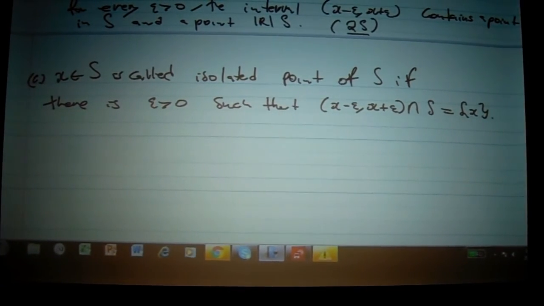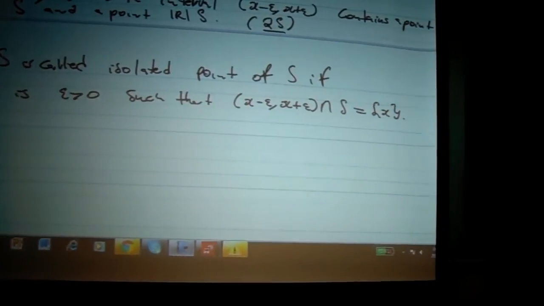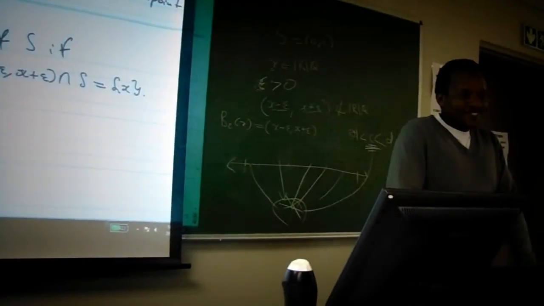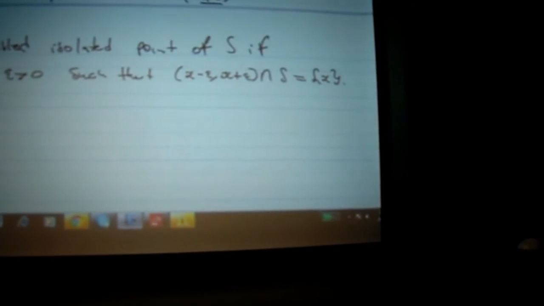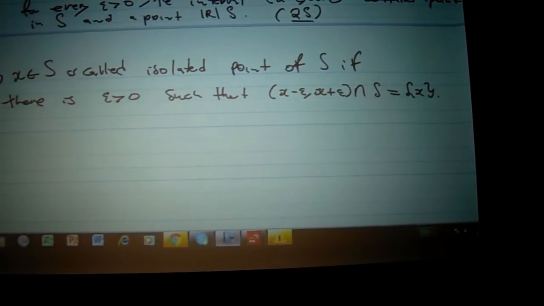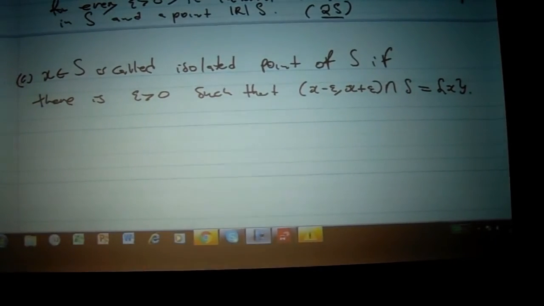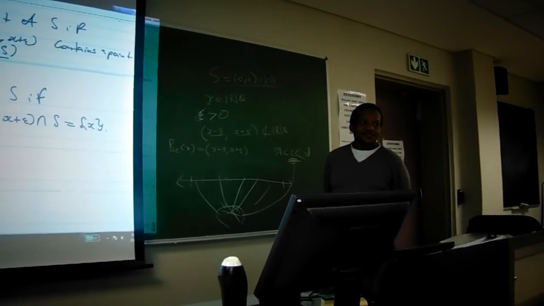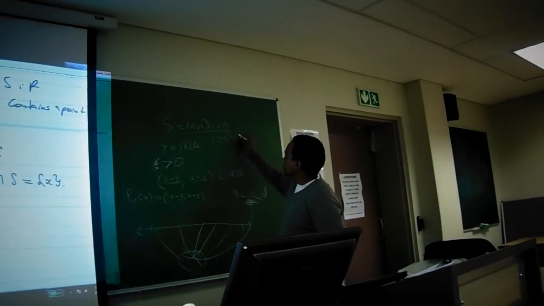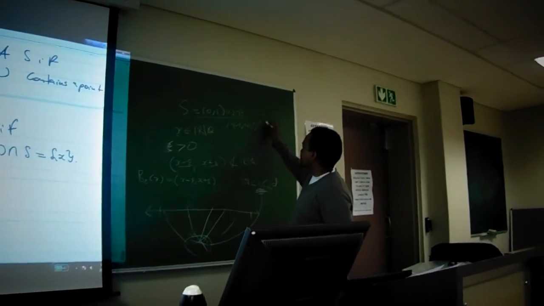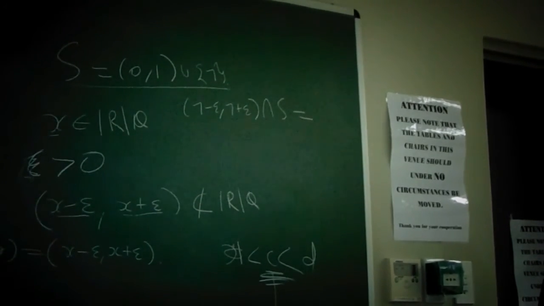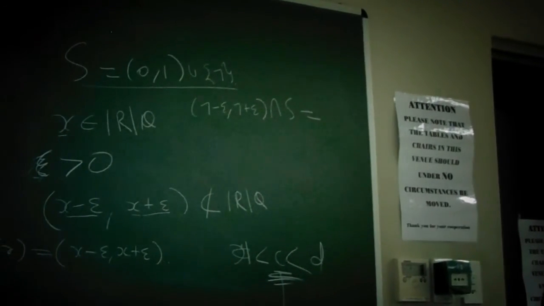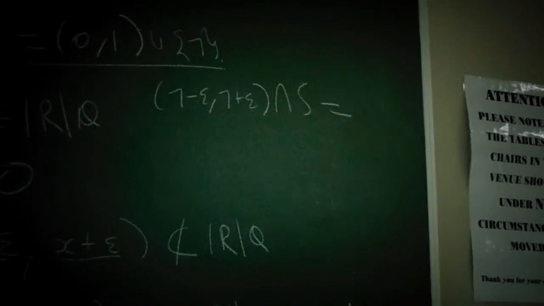So now you take that ball, you intersect with S, and then you only get the point x. What is an example, a subset of R? If we can find a small enough ball that does not overlap with the rest, then intersect it with S and what you get is 7. Yes, if epsilon is small enough.